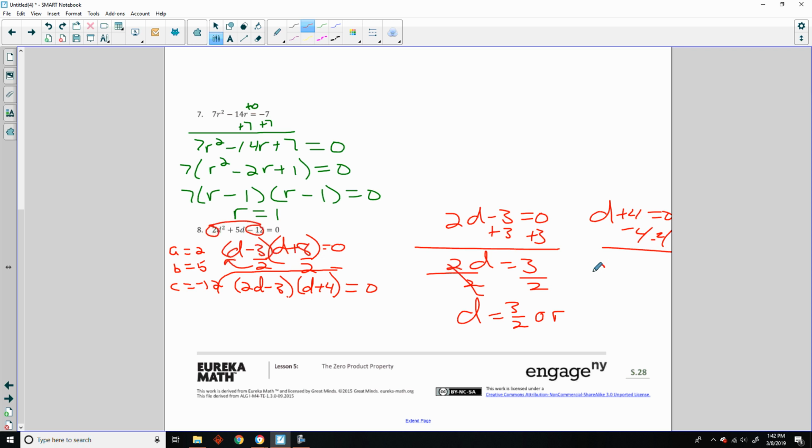These cancel. d equals negative 4. Okay. And since we're not talking about lengths of rectangles anymore, these are just quadratic equations, we can get a negative solution. So d equals 3 halves or d equals negative 4.